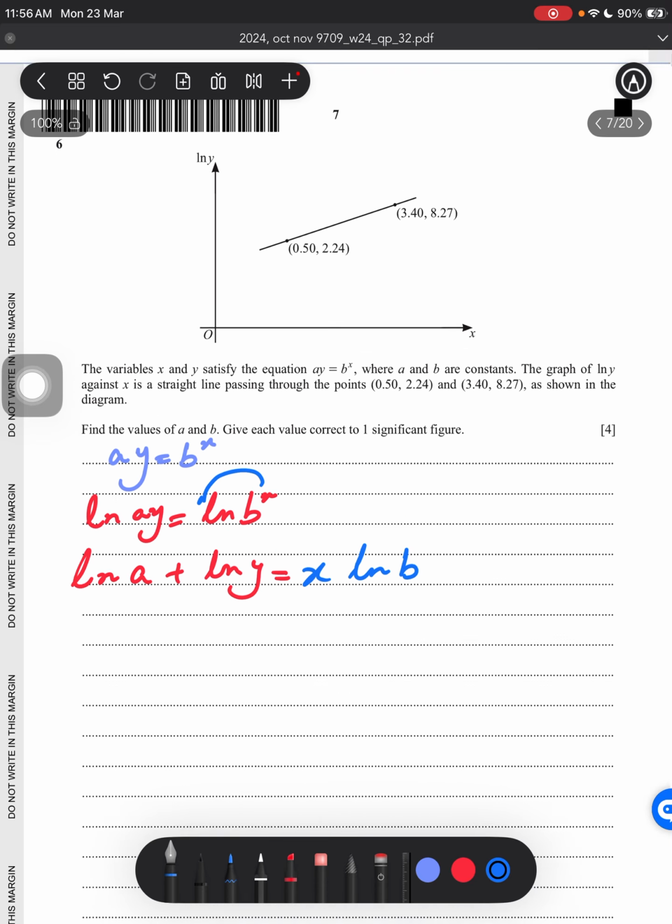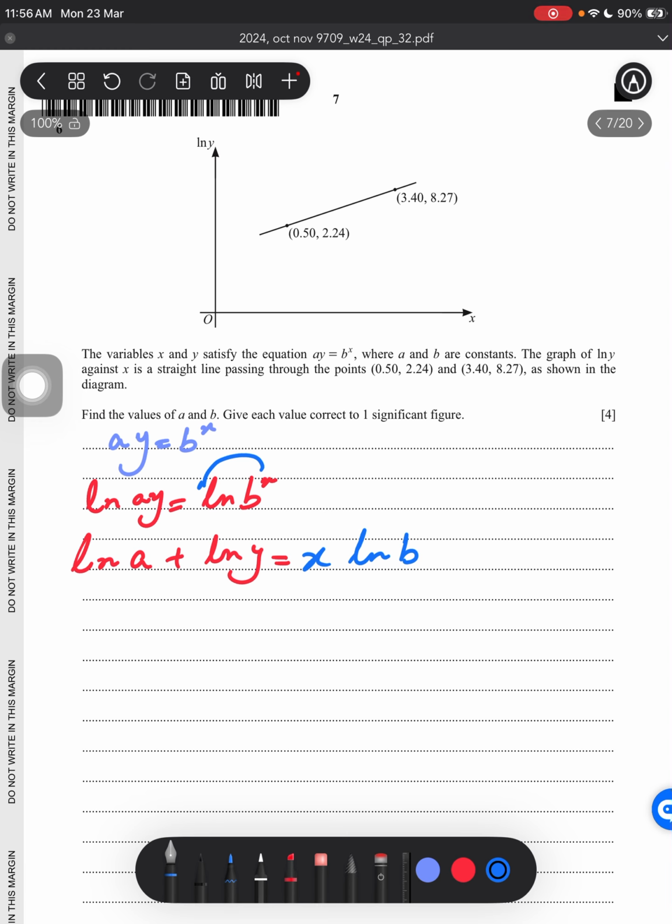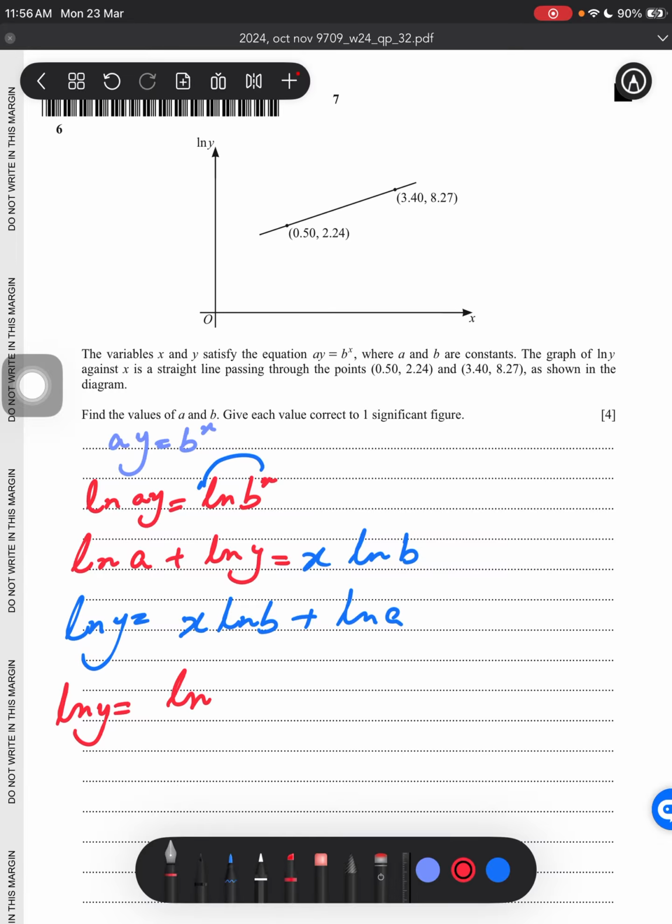Now I can shift ln of a on the other side, so this would give me ln of y equals x ln b plus ln of a, and I can rewrite this equation as ln of y equals ln of b as x plus ln of a.